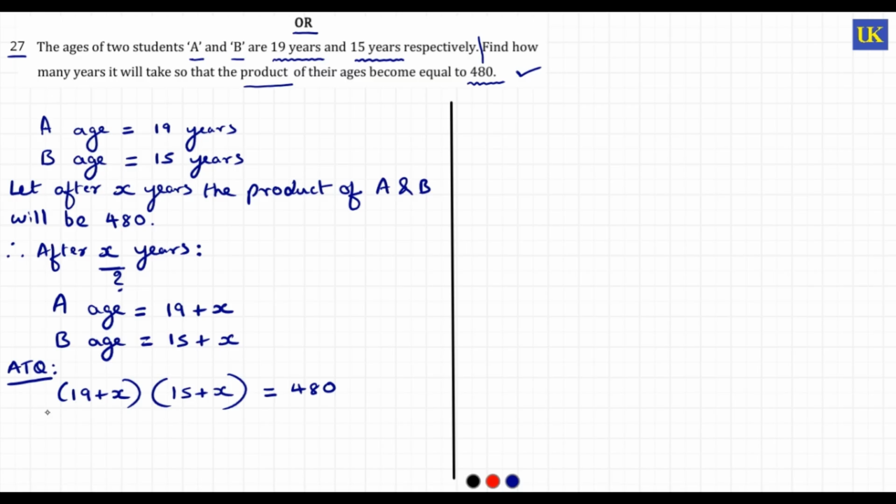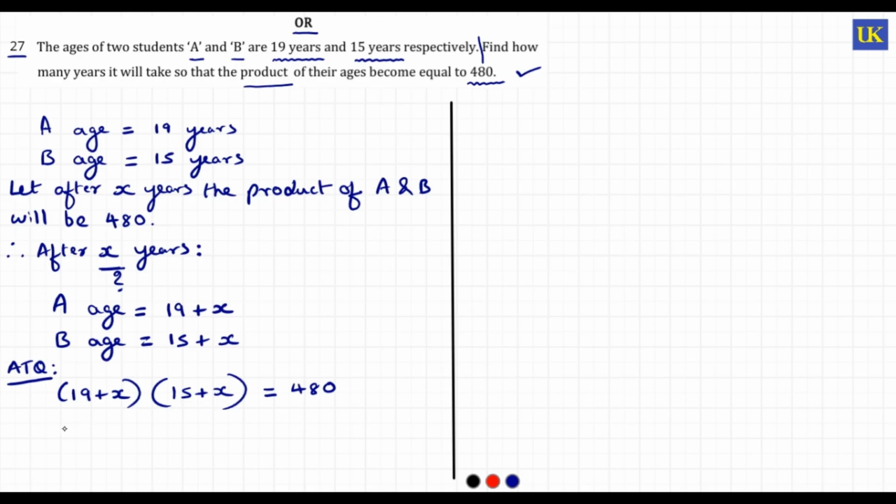Now we'll solve it further. I'm going to break and multiply here. I'll take 19, multiply once with 15 and once with X, and then I will take X, multiply with 15, and then once again take X and multiply with this X.